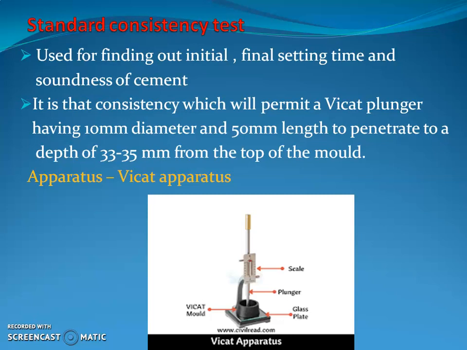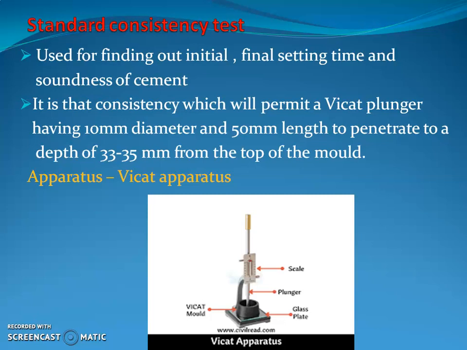Second laboratory test is the standard consistency test. For finding out the initial setting time, final setting time and soundness of the cement, the standard consistency test has to be used.